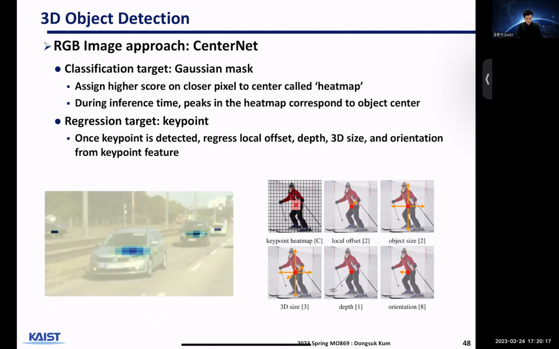Let's continue with CenterNet. We need different losses and different targets to train CenterNet. We have classification targets, which use a Gaussian mask, and then we need regression targets, which is the key point.